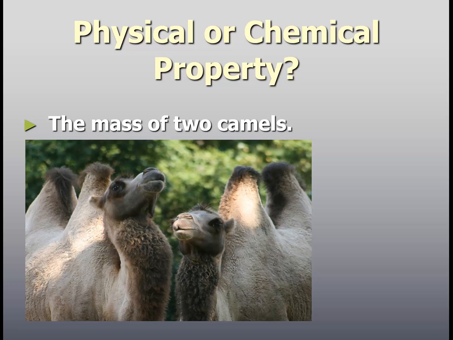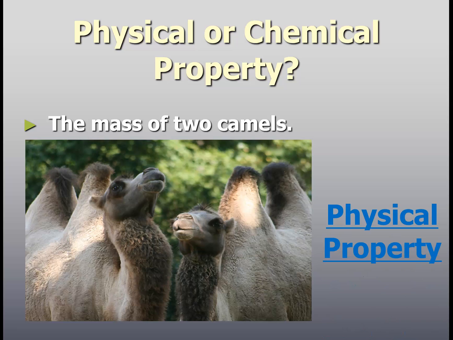Physical or chemical property, the mass of 2 camels. Because we're dealing with mass, and mass is measurable, it is a physical property.